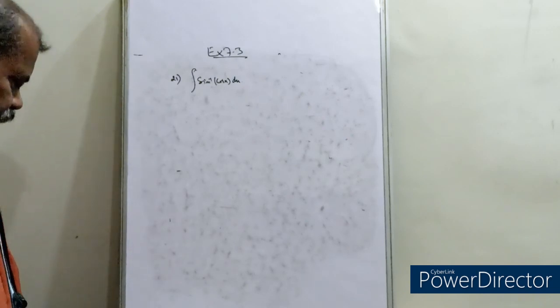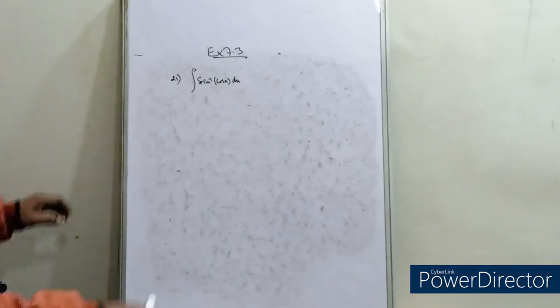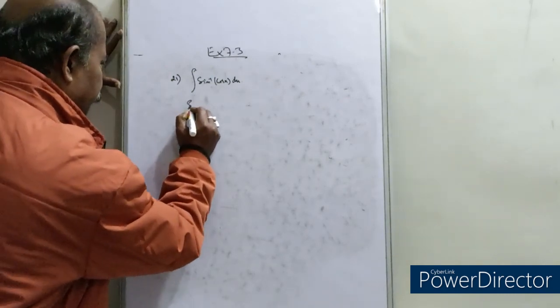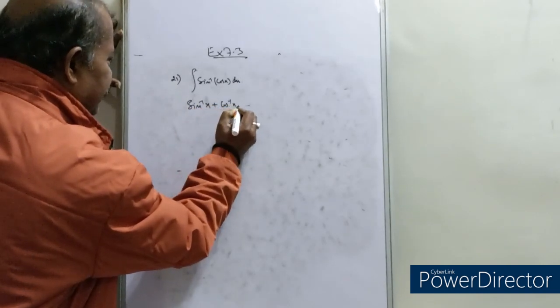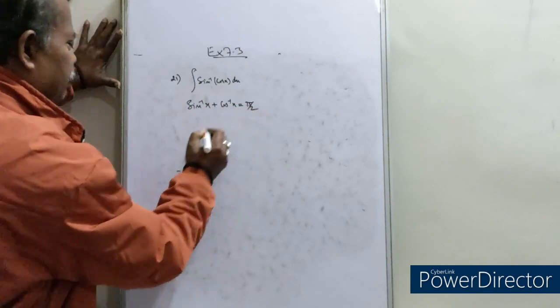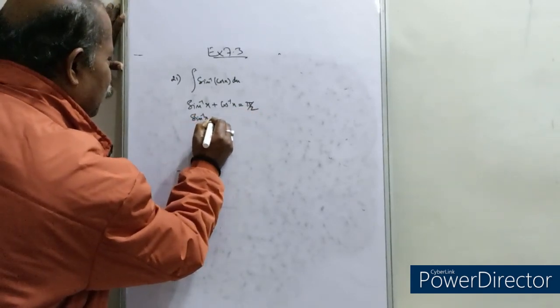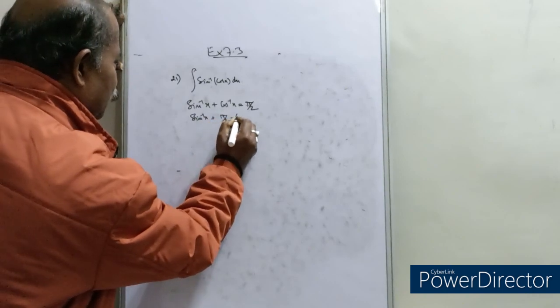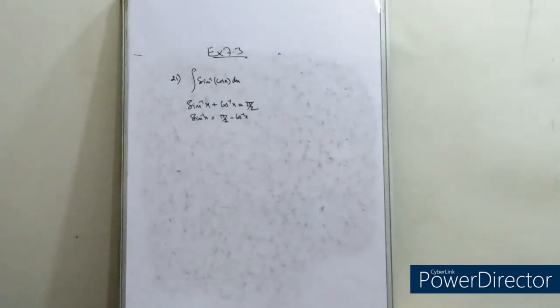Because there is an inverse function, you know that sine inverse x plus cos inverse x is equal to pi by 2. So sine inverse x is equal to pi by 2 minus cos inverse x. This is the formula for inverse functions.